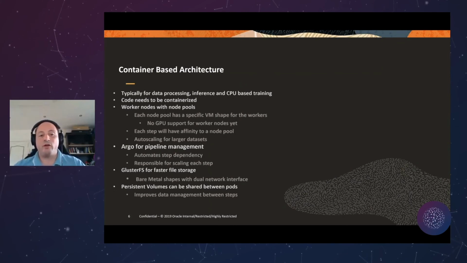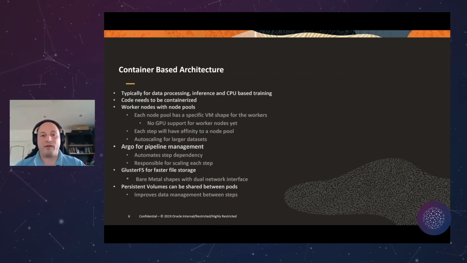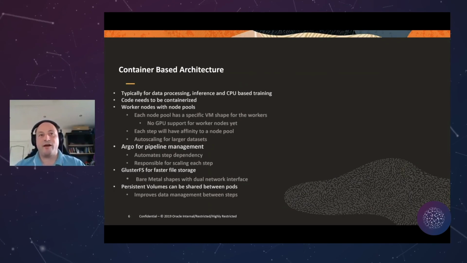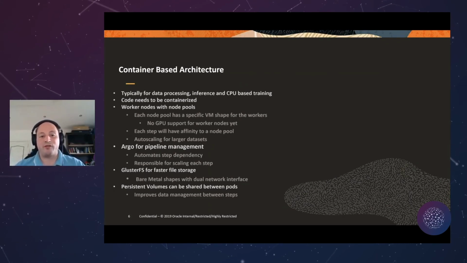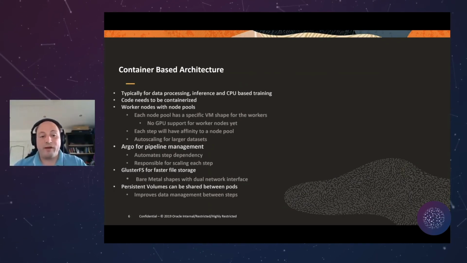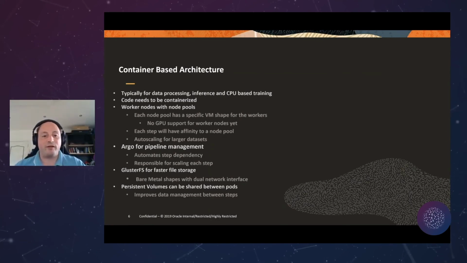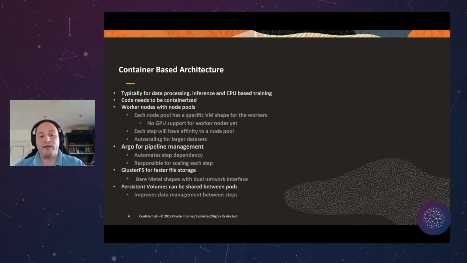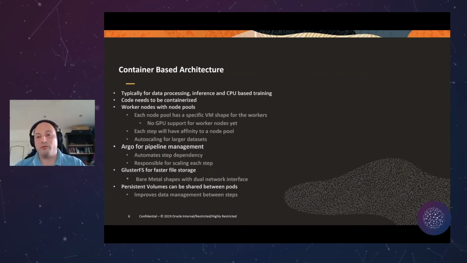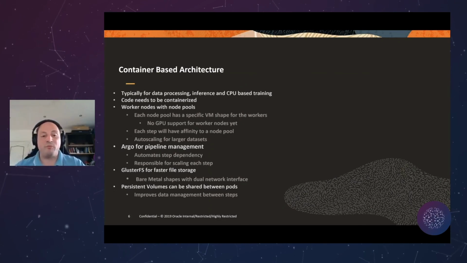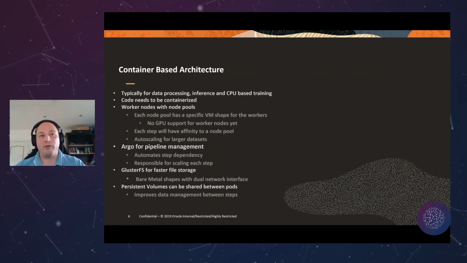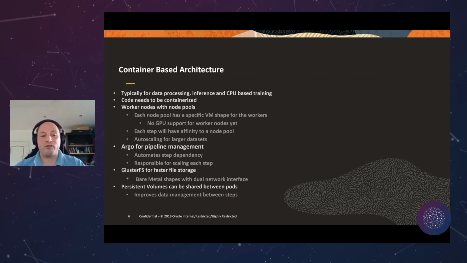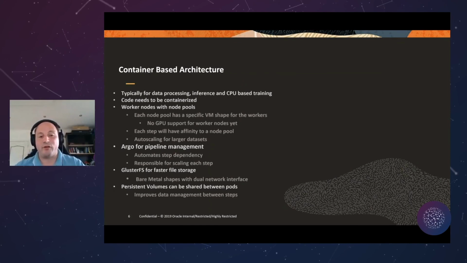Then within the workflow, we could assign steps to specific worker nodes so that they are assigned to the optimized infrastructure. One drawback we have at the moment within Oracle is that our worker nodes on Kubernetes do not support GPU. So for the GPU workload, we had to come up with a different architecture, which I will explain later on.